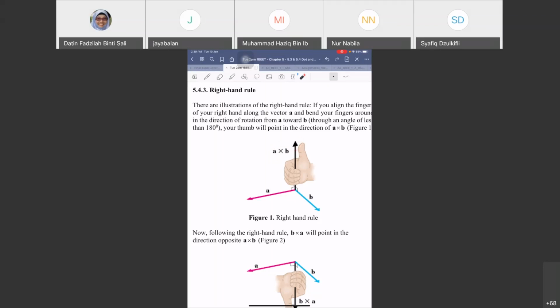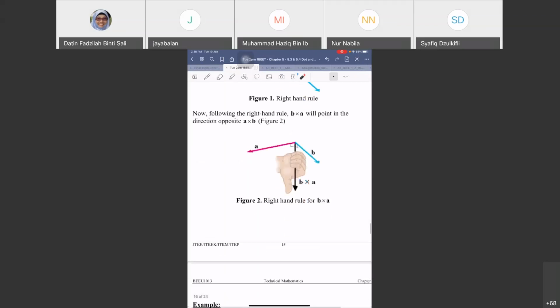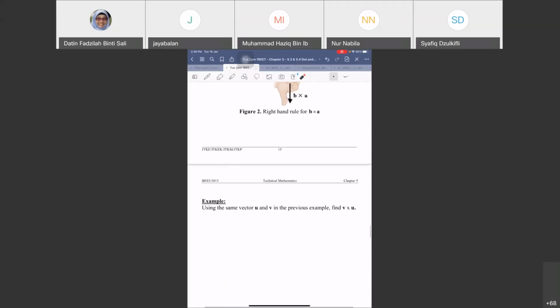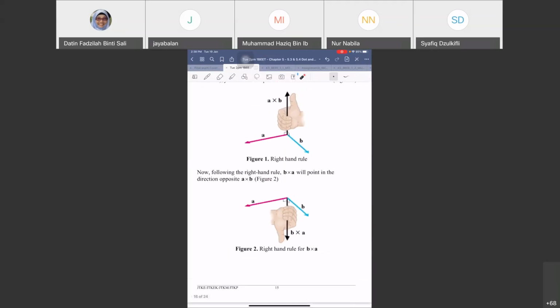However, if we say b cross a, you have the opposite direction, so the direction is pointing downward. That is using the right hand rule. This is just another example to prove this theorem.